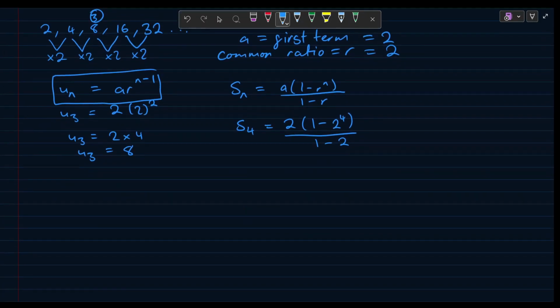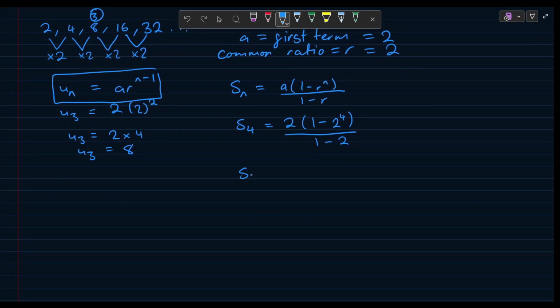Alright, so the sum of the first 4 terms is going to be 2 times 1 minus 2 to the 4, that's 16, and this is over negative 1. So the sum of the first 4 terms is 2 times negative 15 over negative 1, and the sum of the first 4 terms is negative 30 over negative 1, which is in fact equal to 30.